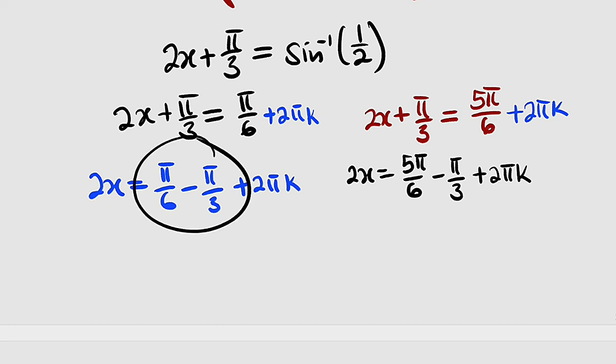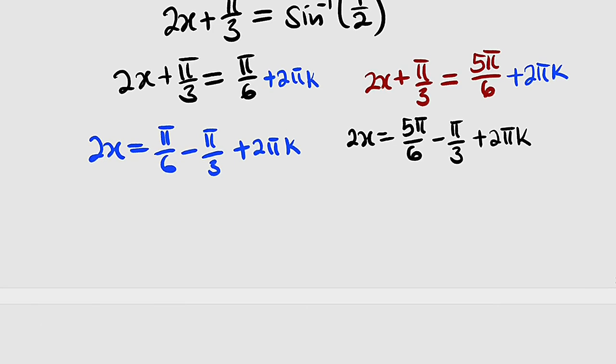Let me simplify this. If you subtract pi/3 from pi/6, you're going to obtain negative pi/6. So we have 2x equal to negative pi/6, then plus 2 pi k.